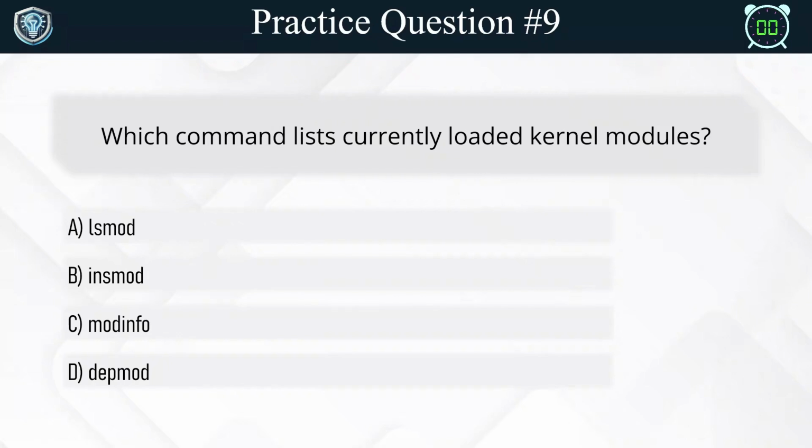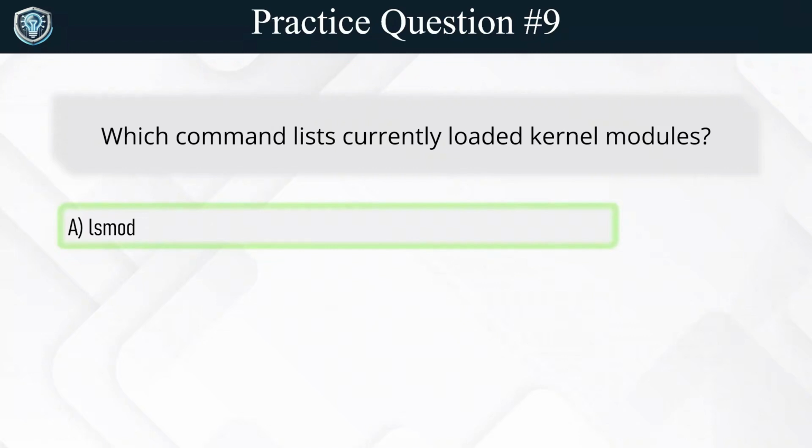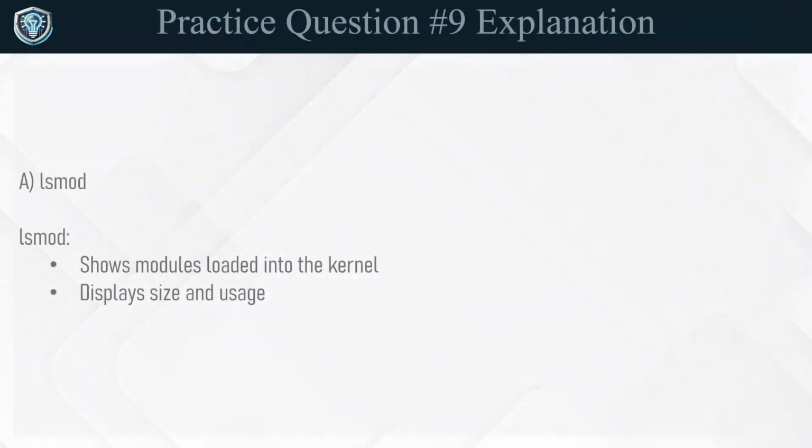Time is up. The correct option is option A, lsmod, because this command shows the modules currently loaded into the kernel and displays their size and usage. Let's move on to the next question.